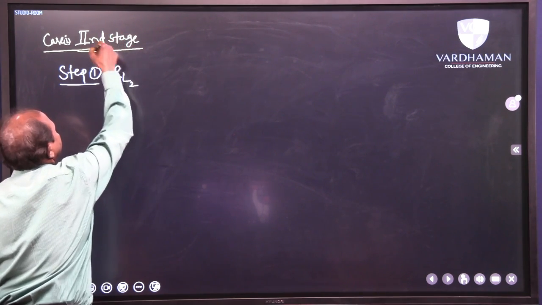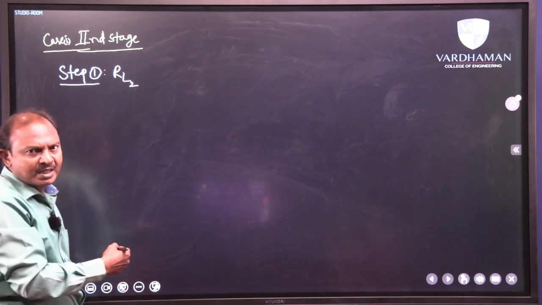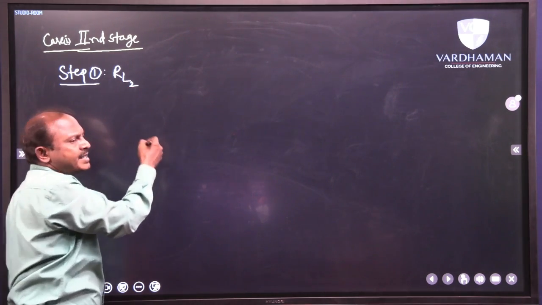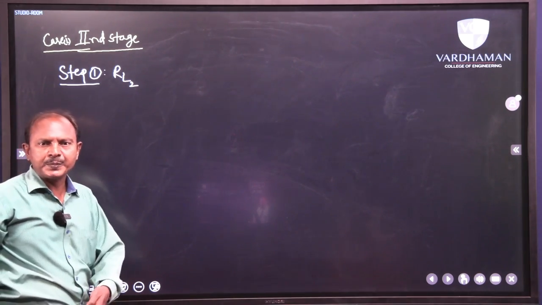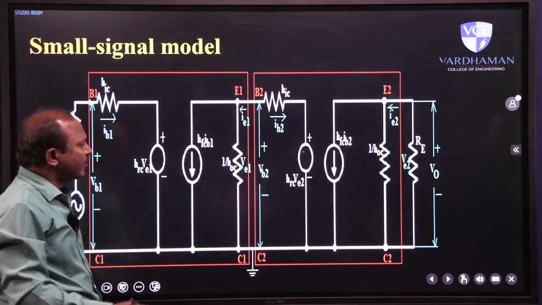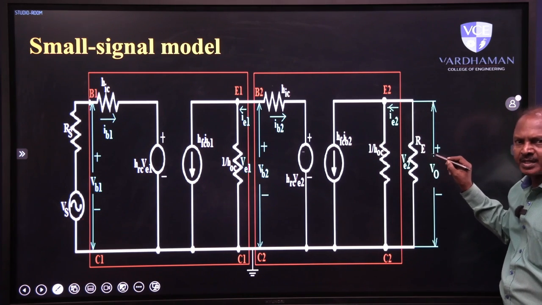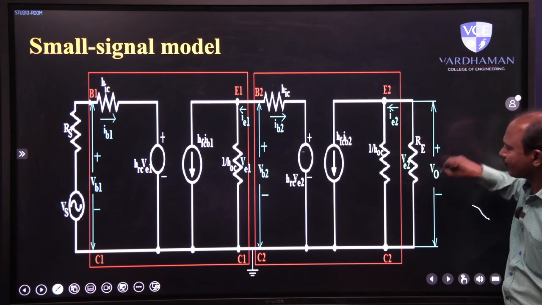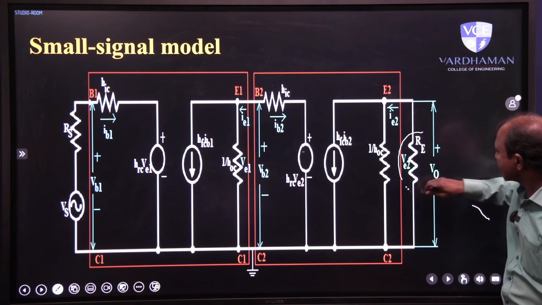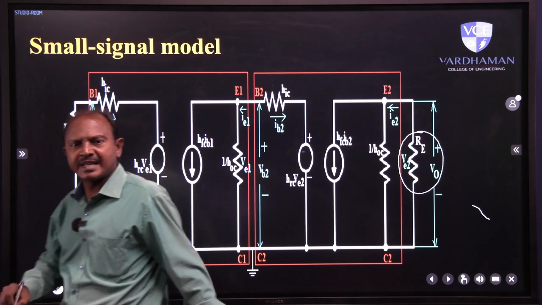Because I am analyzing the second stage, I am using a suffix 2 for all the parameters. The suffix 2 indicates second stage parameters. RL2, if you just look at the circuit again, what is the output resistance or load resistance of the second stage? If you look at the circuit here, the load resistance of the second stage is nothing but RE. So RE itself is the load resistance of the second stage.